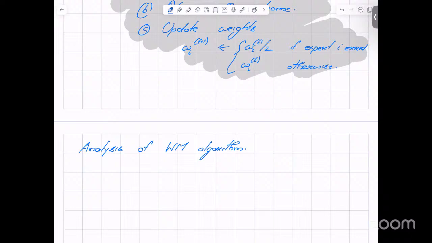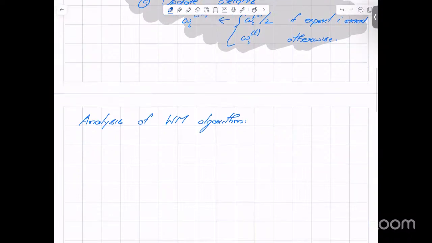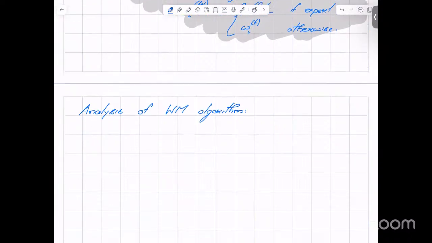What we want to understand is the number of errors of the WM algorithm over the entire time from 1 to T. How many errors does it make? And we want to bound this in terms of the number of errors of any single expert across time.